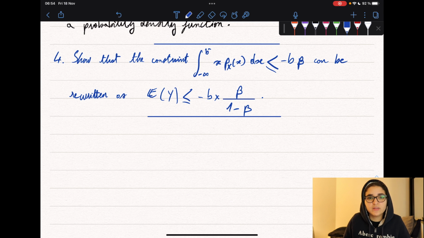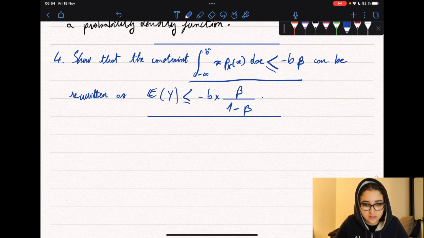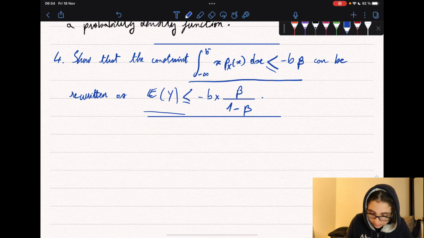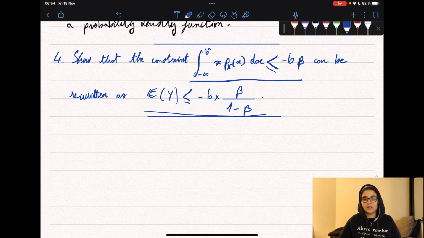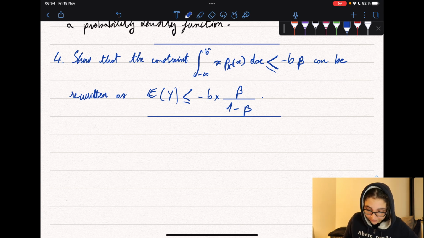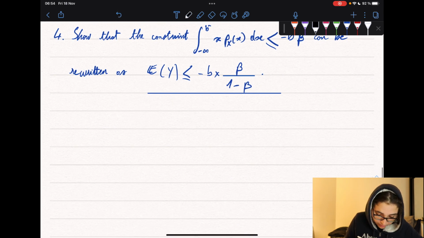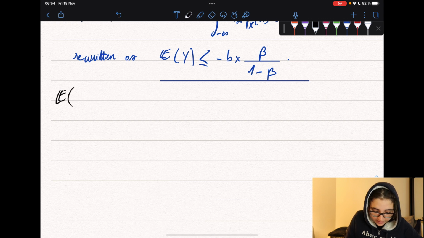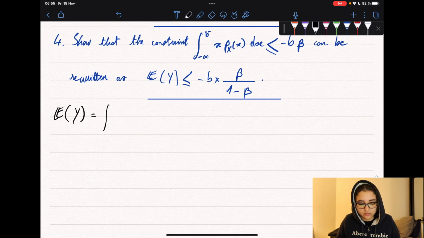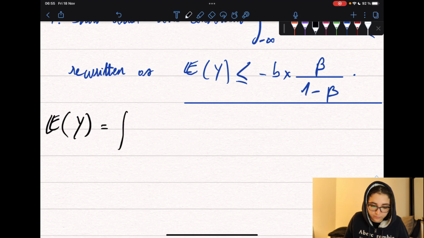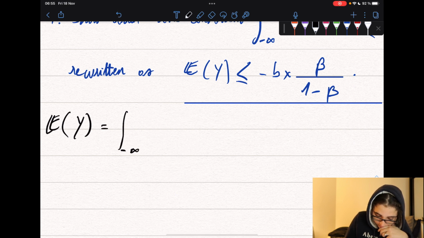The way we're going to show that the bound on this integral that we have just proven in the question above, not that long ago, is equivalent to this bound right here that's dependent on y, and that we can express in terms of the expectation function of y, is that we're just going to write the definition of the expectation function of y, and by using the definition of the probability density function of y, we're going to derive this equation.